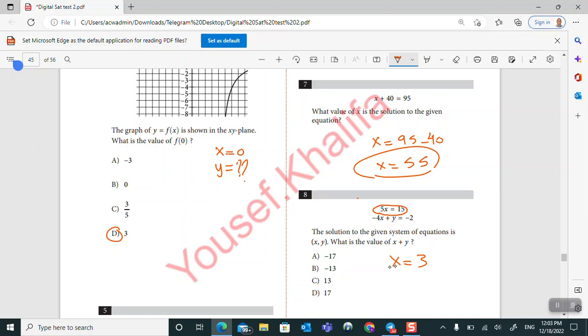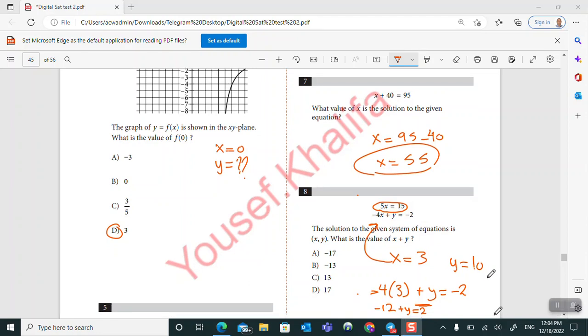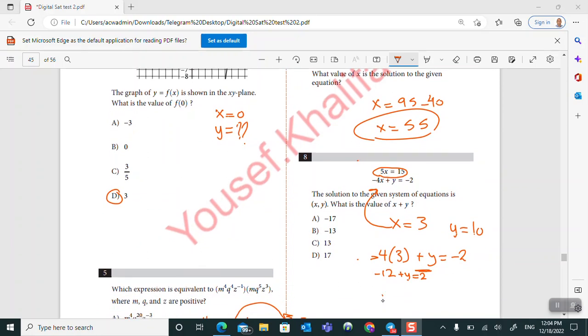Then substitute x into this equation and find the value of y. Negative 4 times 3 plus y equals negative 2. Isolate y, so that's negative 12 plus y equals negative 2, so y is equal to 10.